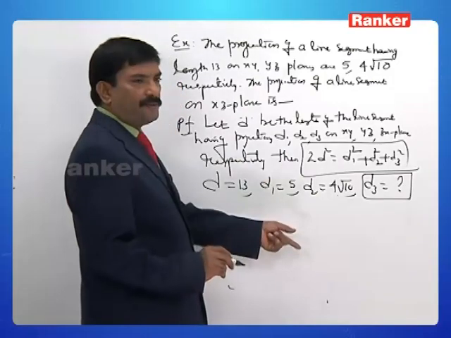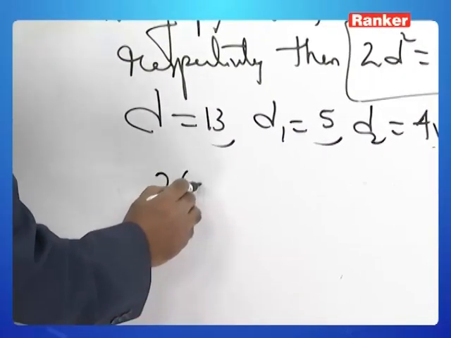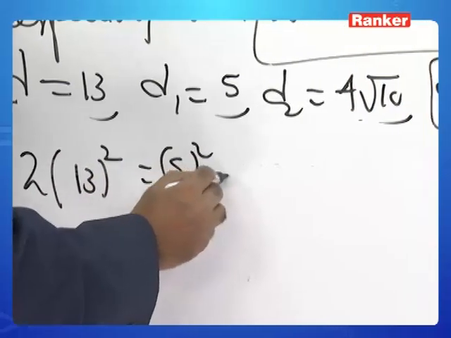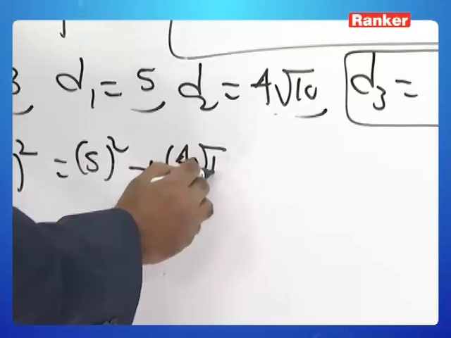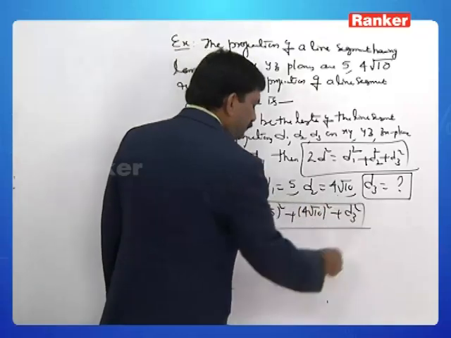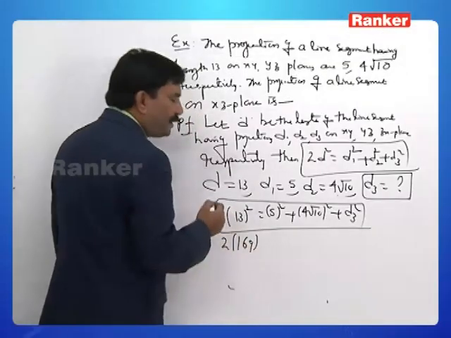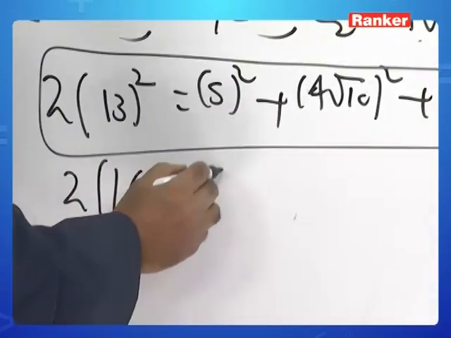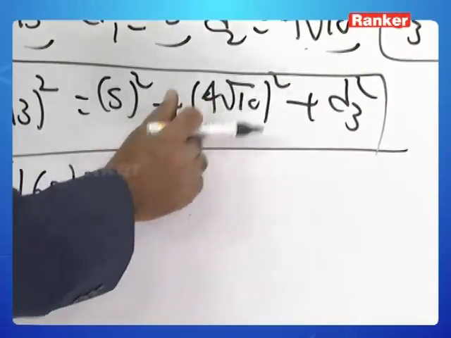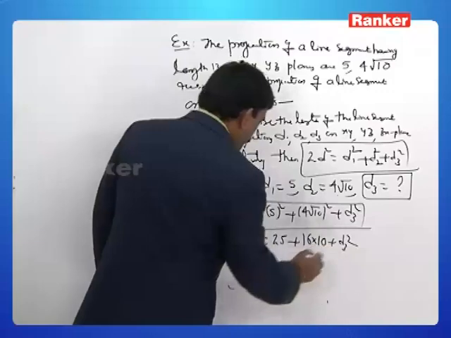Take all these values and substitute here. So therefore, 2 into 13 whole square equals 5 whole square plus (4 root 10) whole square plus d3 square. Now I can write 2 into 169; this is nothing but 25; this is 16 into 10, plus d3 square.